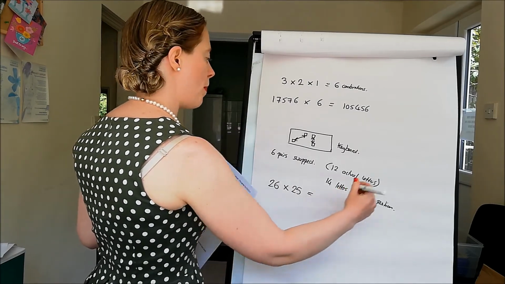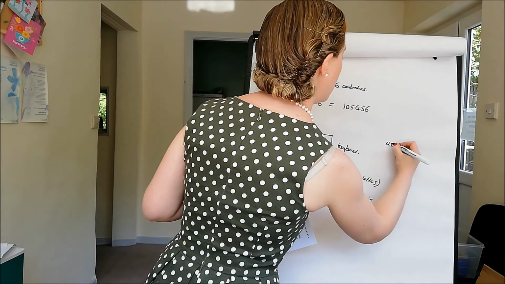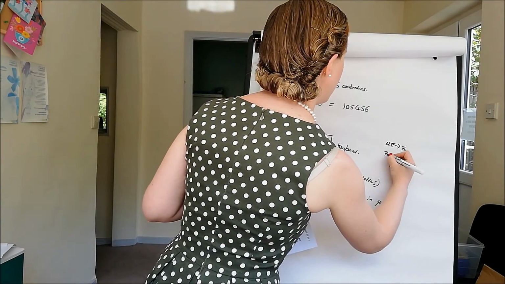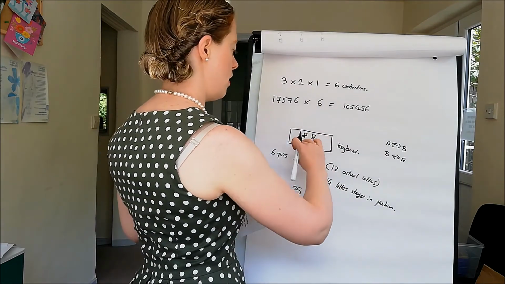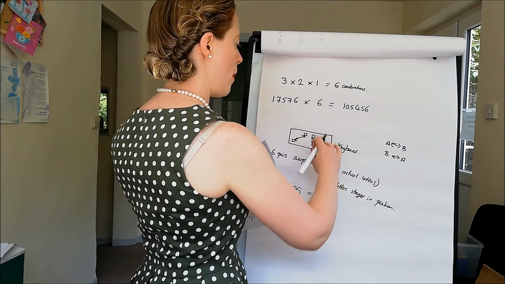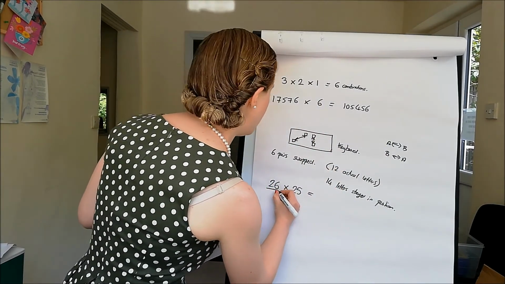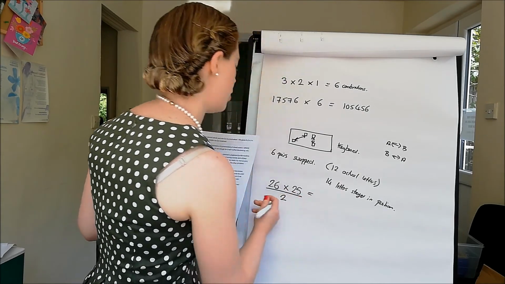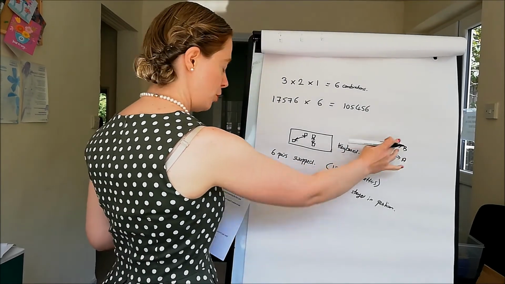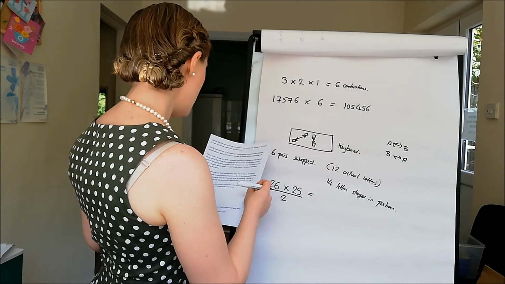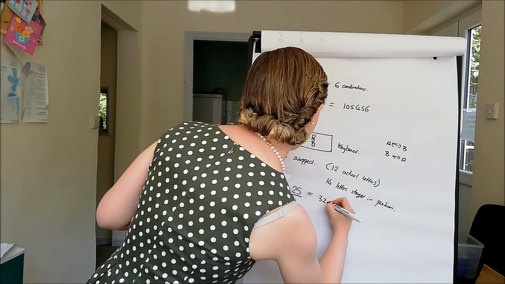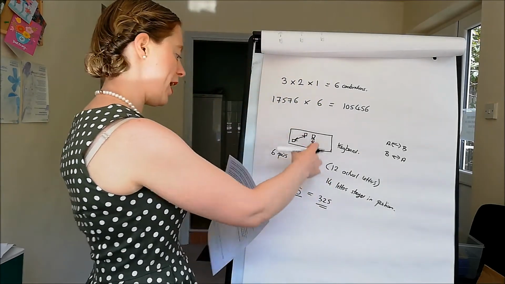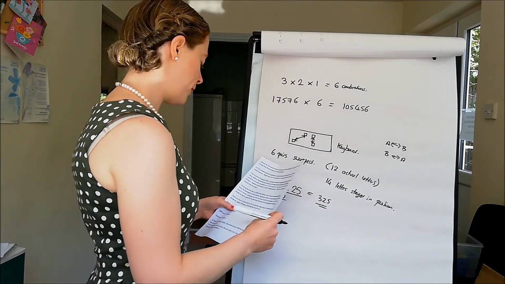But because swapping an A and a B leads to the same result as if we'd swapped a B with an A, so if you swap an A and a B, everything's in the same position as if you swap a B and an A, we need to divide by 2 to eliminate that duplicate combination. And 26 times 25 divided by 2 gives us 325 ways that we can make the first pair.